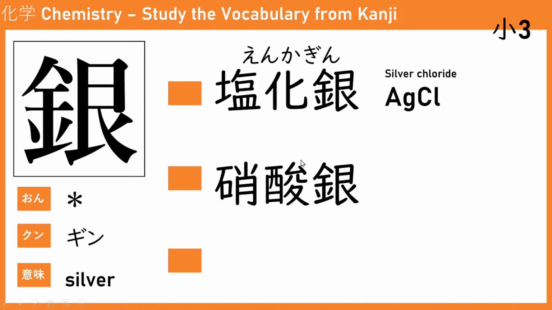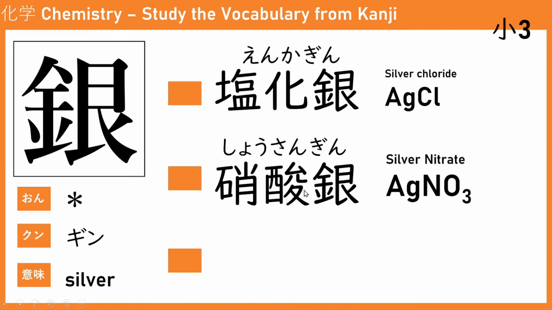The next one is shosan gin. Shosan is nitric acid, while gin is silver. Just like the previous slide, you don't put the whole acid into it, you just remove the H and you get the nitrate ion.